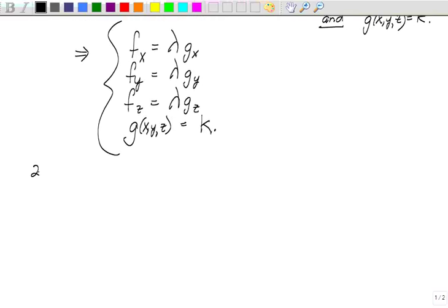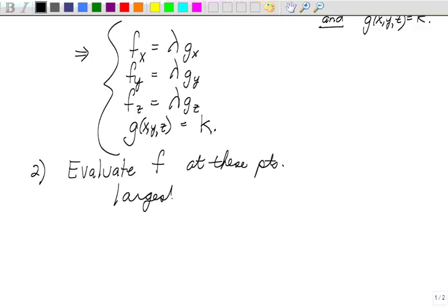And then 2, you're going to evaluate f at these points. The largest is the maximum value. The smallest is the min value.